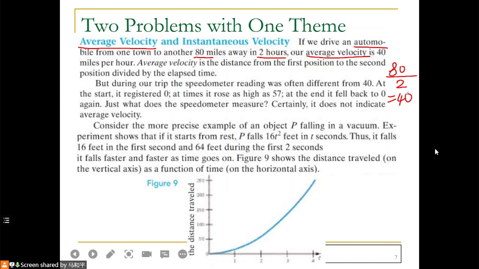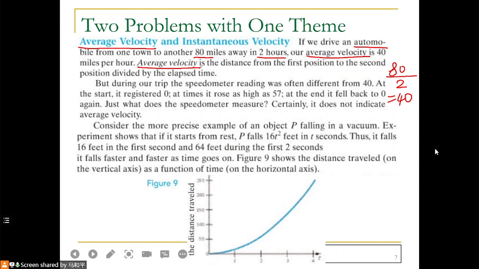This is the distance, and this is the time you have spent, 2 hours. So the average velocity is 40. This means average velocity is the distance from the first position to the second position divided by the elapsed time.